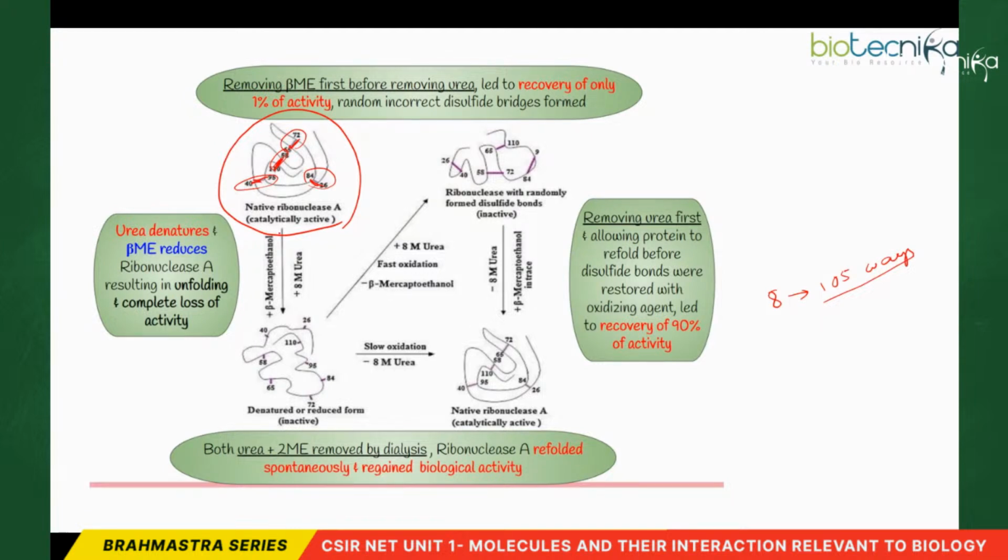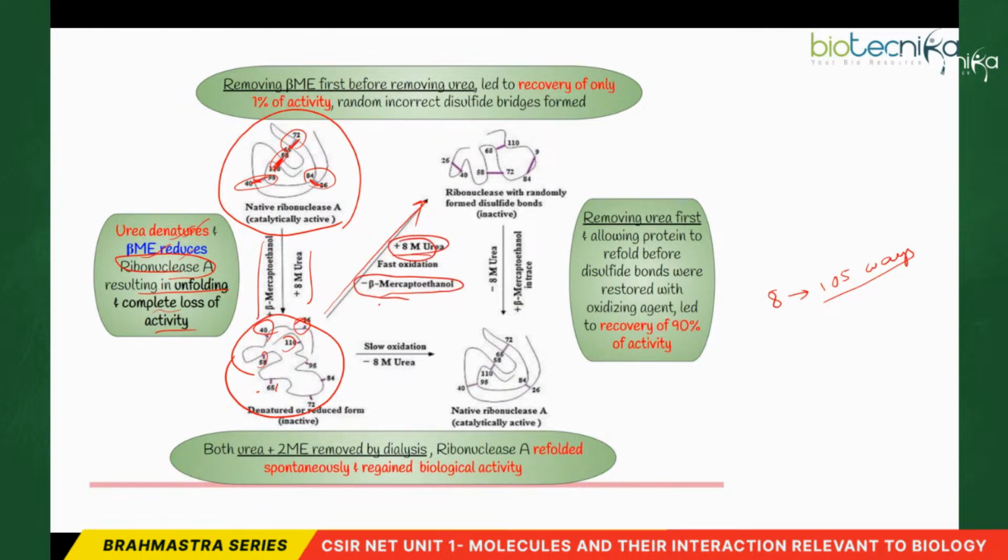Okay, now here first of all, if you add beta mercaptoethanol and urea it will get denatured. Okay, urea denatures, and beta mercaptoethanol also reduces, so ribonuclease A will denature, resulting in complete loss and unfolding of the protein. Here you can see that the protein has completely unfolded. Okay, the cysteine residues have unfolded from each other. Now you have added 8 molar urea, and along with that you have removed the beta mercaptoethanol, but still urea is present.